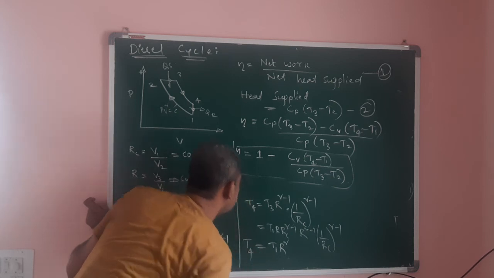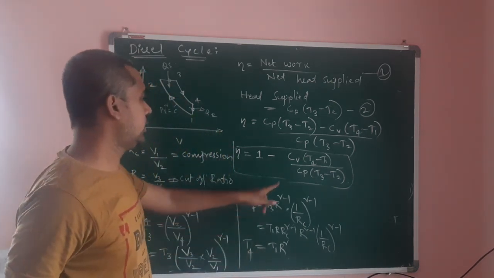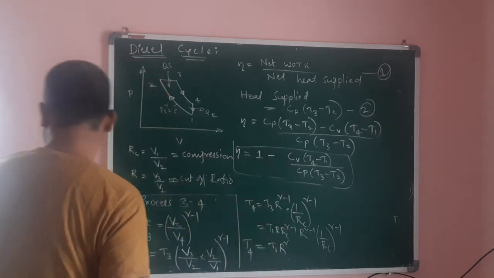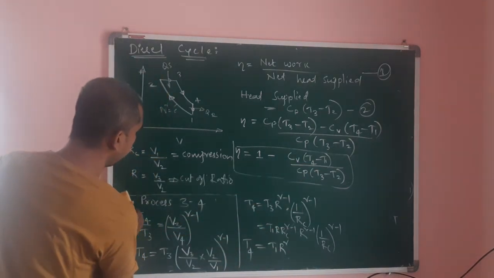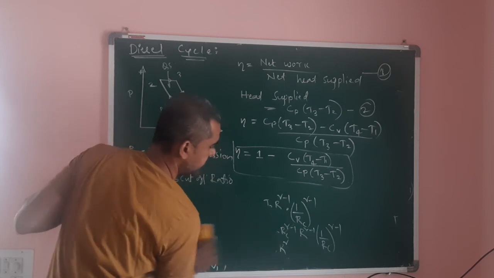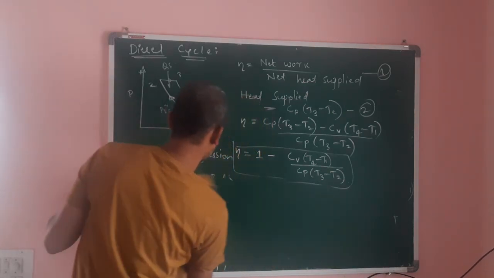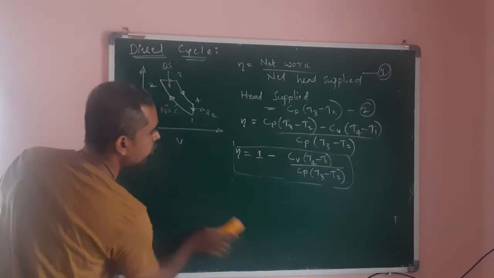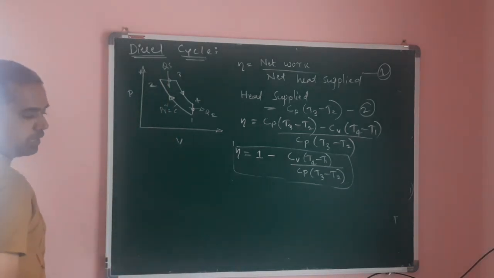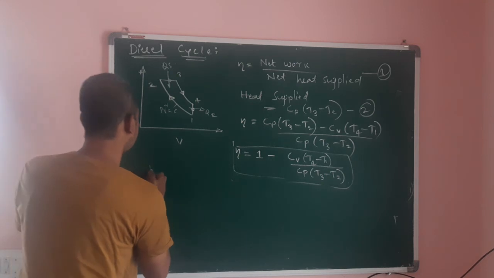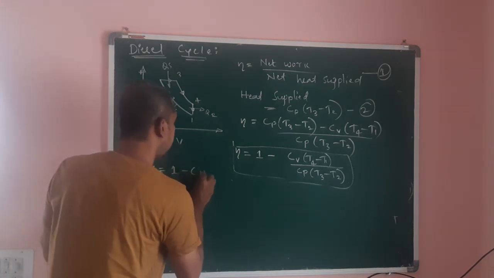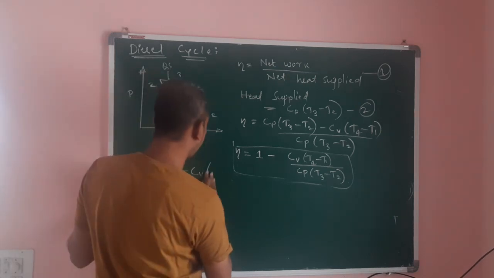Now I will substitute T2, T3 and T4, which I have calculated in terms of T1, in this expression. Efficiency will be equal to 1 minus Cv into T4 minus T1.